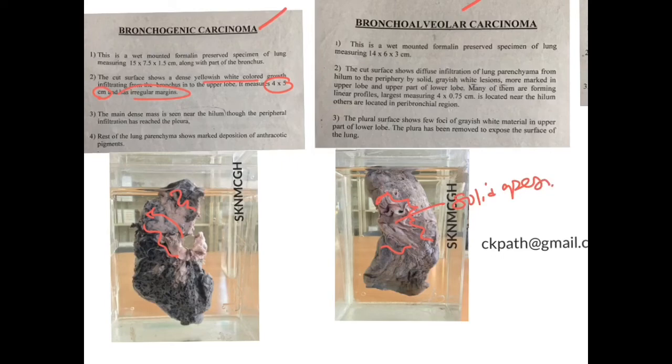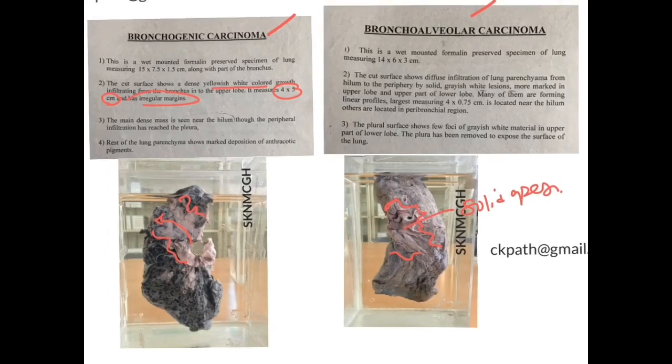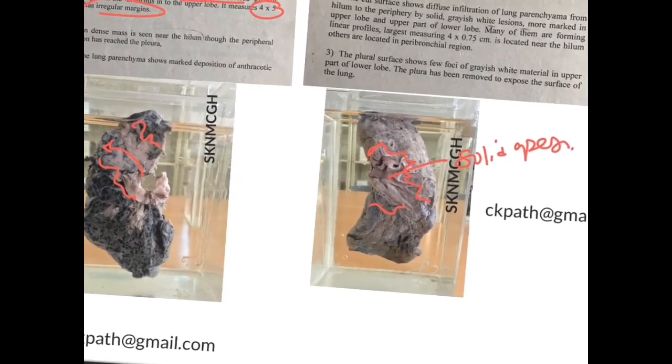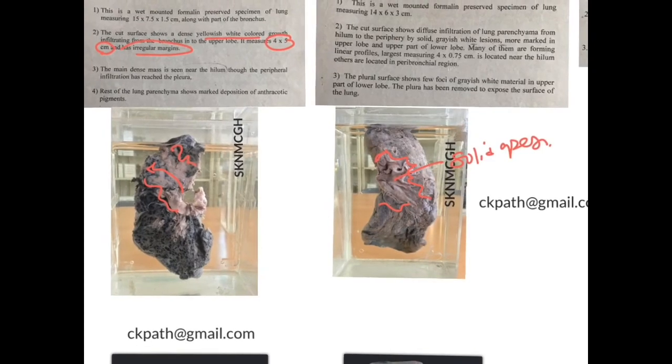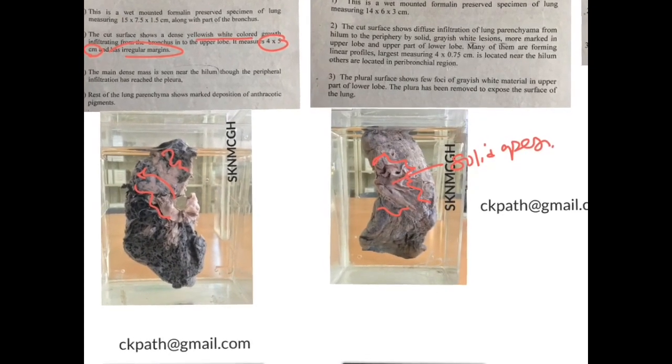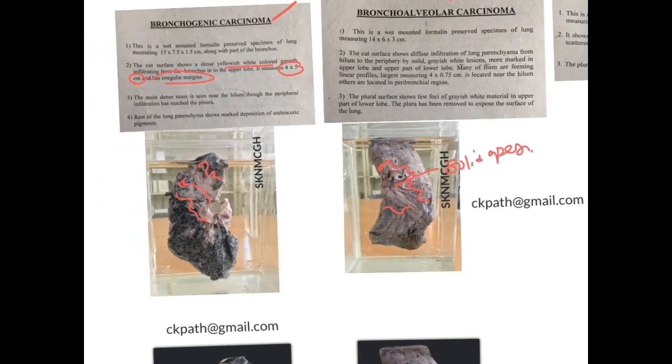So this is the main difference: irregular margins and anthracotic pigment by which you can identify your bronchogenic carcinoma, whereas a mass arising from the bronchus and infiltrating your parenchyma, around 4 into 0.75 centimeter, can be a bronchoalveolar carcinoma.